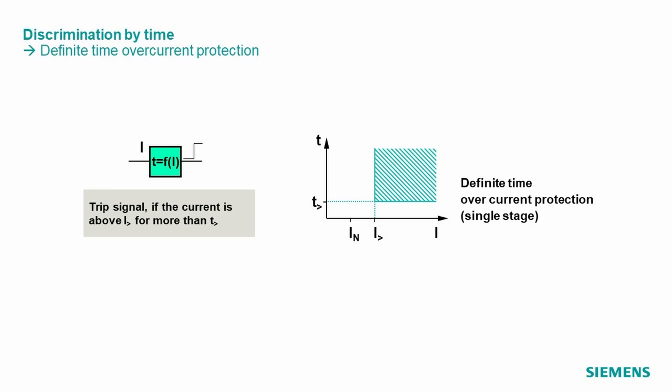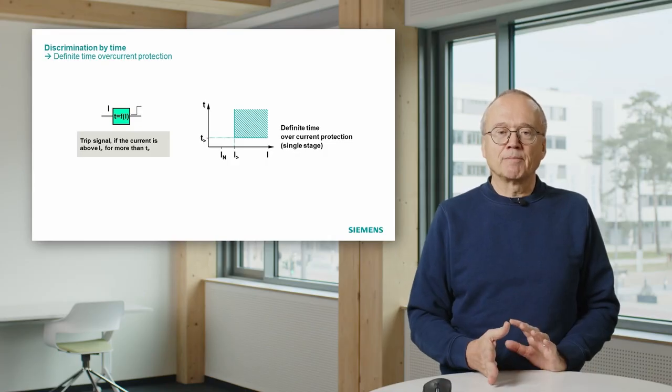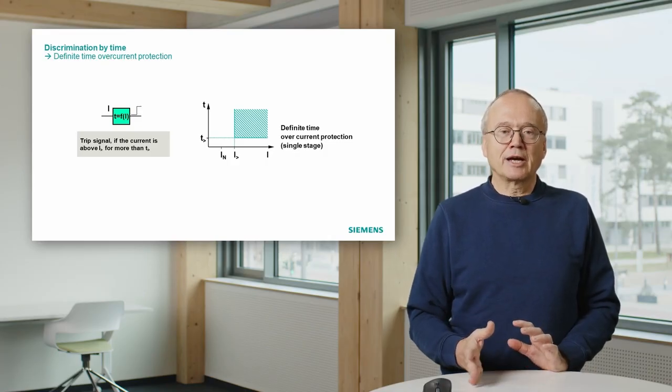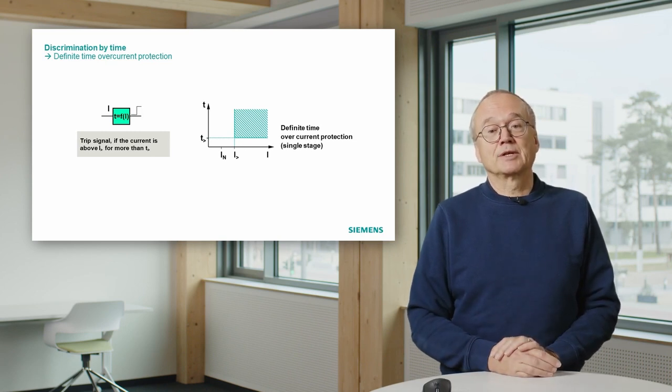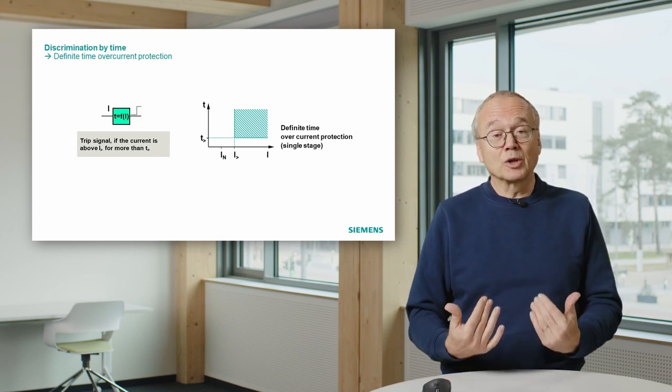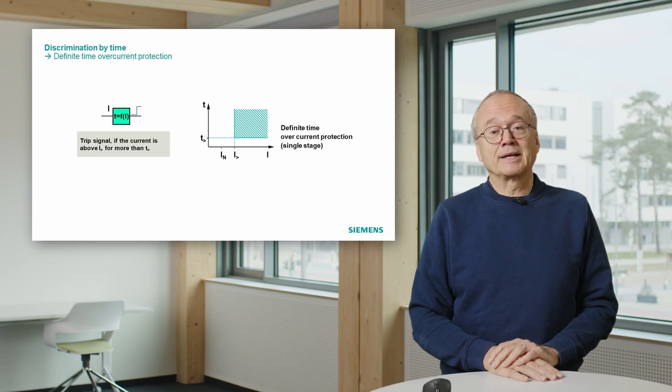That means you have a characteristic with a setting value I greater, and as soon as the measured current is above this value, we will start a timer, and after this timer, which has a settable value, is elapsed and the current is still there, we will then issue a trip command.